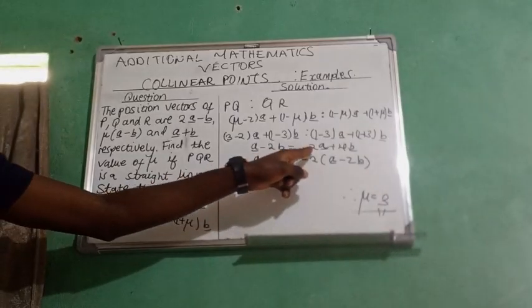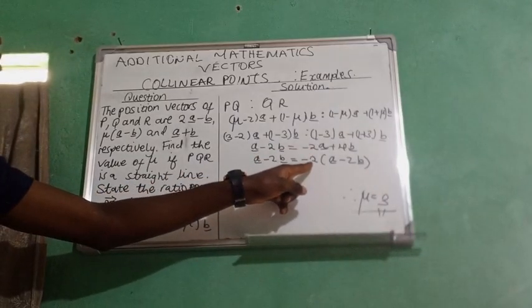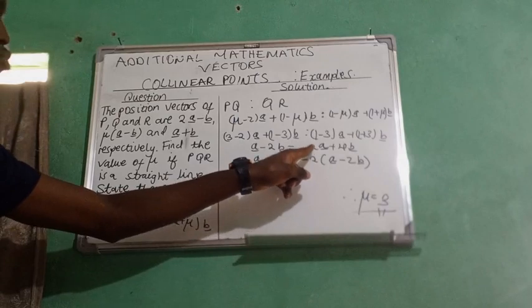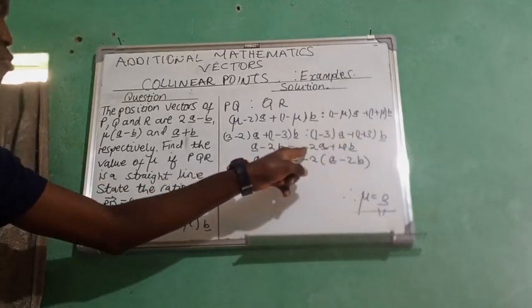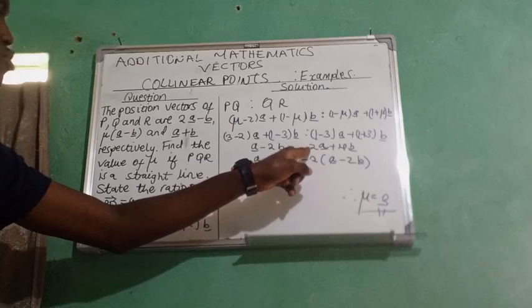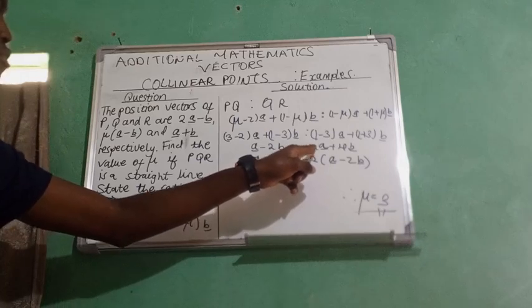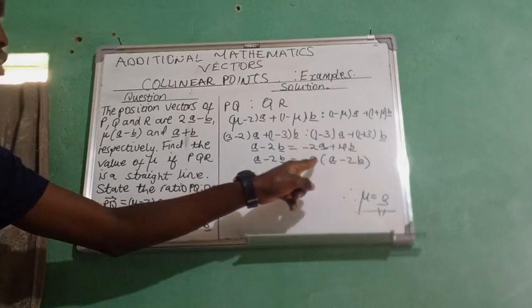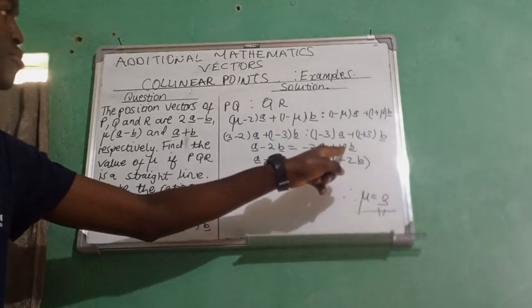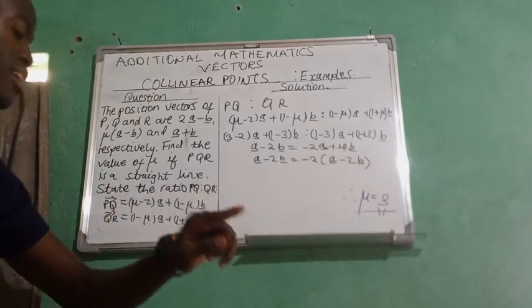I just said negative 2, because I saw that 2 is common here, but we also want to remove the negative sign. Negative 2 into negative 2 of vector A is positive. Negative 2 into positive 4 is negative 2, like that.